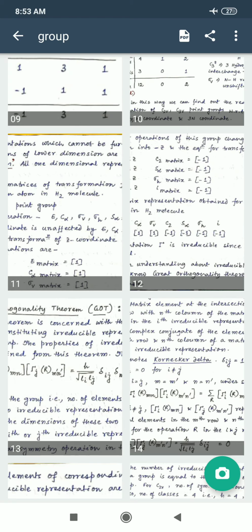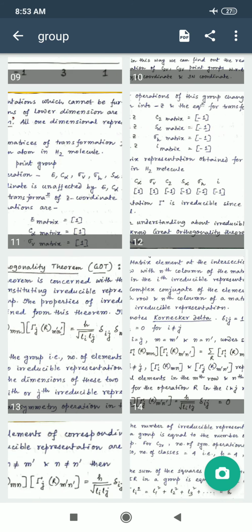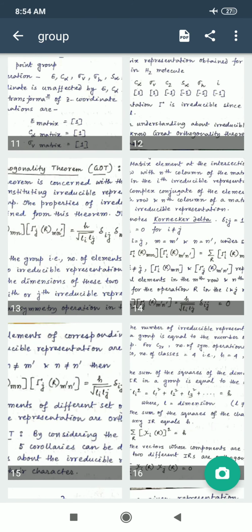I had said that from these three cases we develop mainly 5 rules, which are very important to illustrate the irreducible representation in our character table. So in today's class I will discuss the 5 rules and how we can apply them to form a character table.